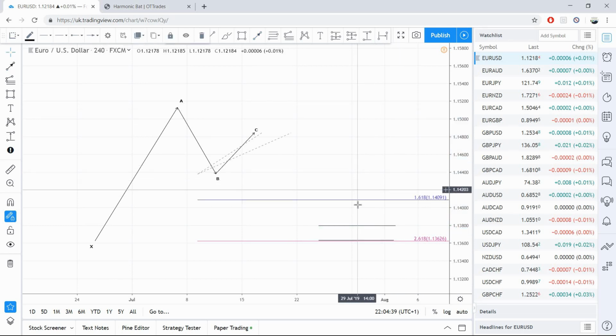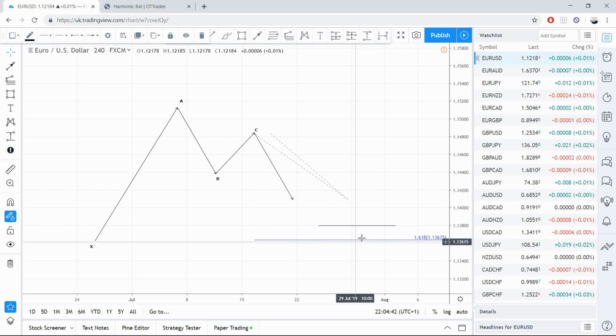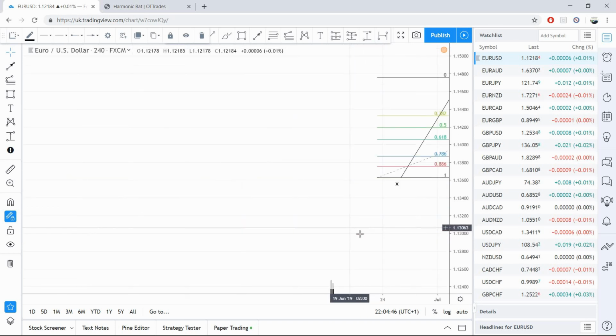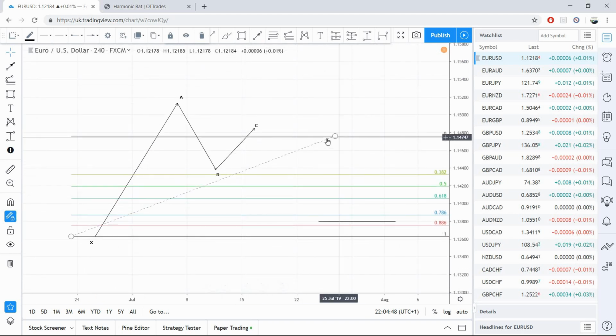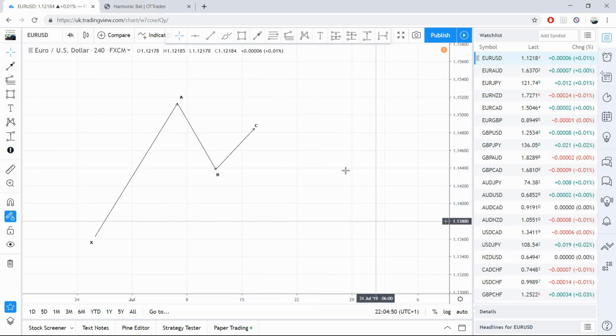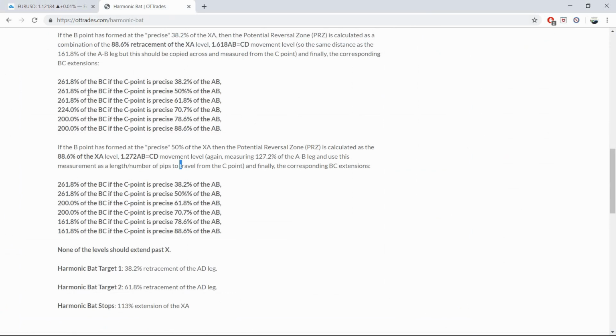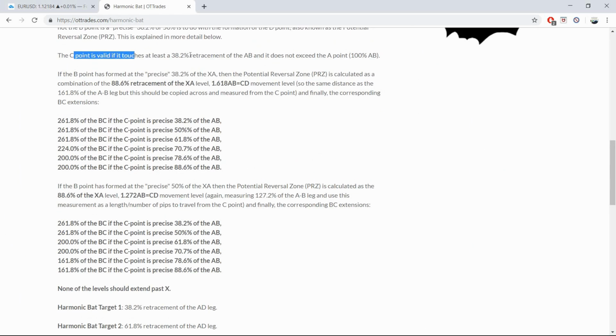Now I'm going to do it based on our real example we've got here. So I'm just going back through, get rid of all this, get rid of this. So remember, our B point was a precise 50% retracement of that X to A. So we've just gone through the precise 38.2.